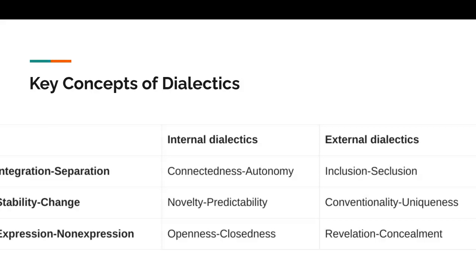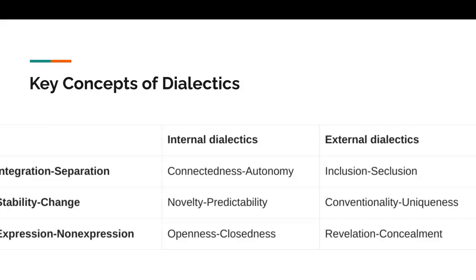And then to break it down into the internal and the external categories, you'll see connectedness and autonomy is in the internal, and inclusion and seclusion are in the external.